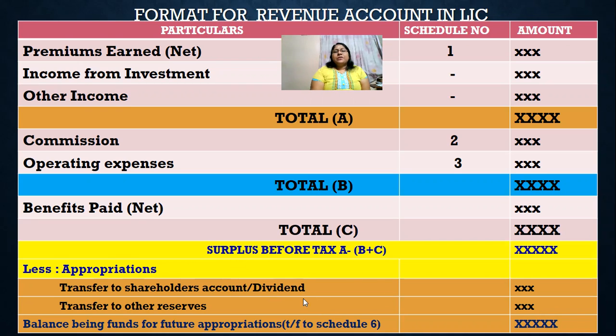After adjusting this, we get the balance of funds for future appropriation, which is going to be transferred to the balance sheet in schedule number 6. So this is the format of a revenue account in a life insurance company.